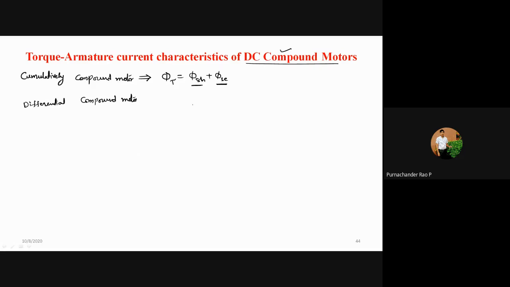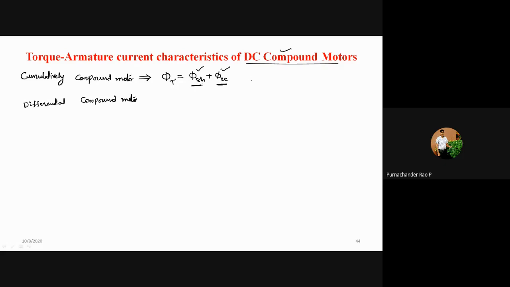Here the shunt motor has constant flux and the series motor has variable flux, because as the load increases, the flux produced by the series field winding phi SE will be varying, but the shunt field flux phi SH is always constant.